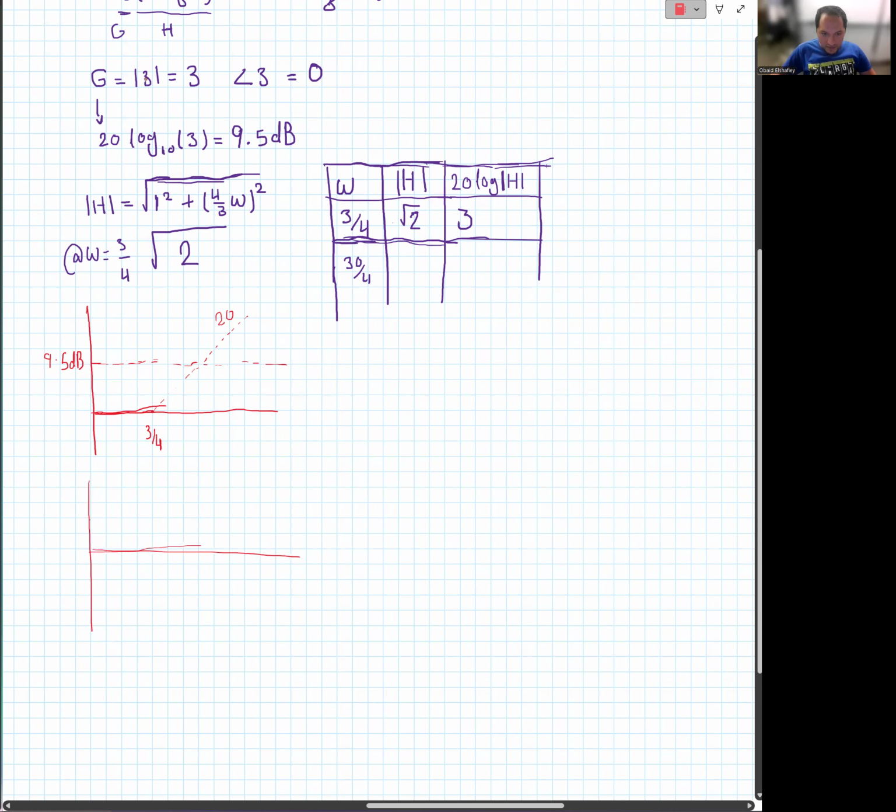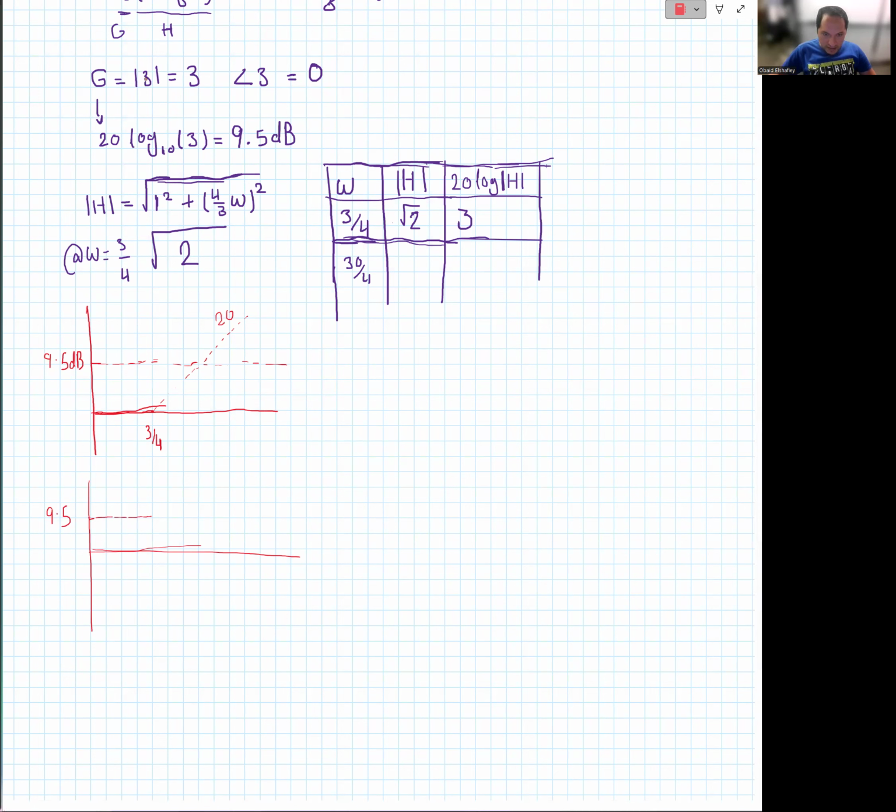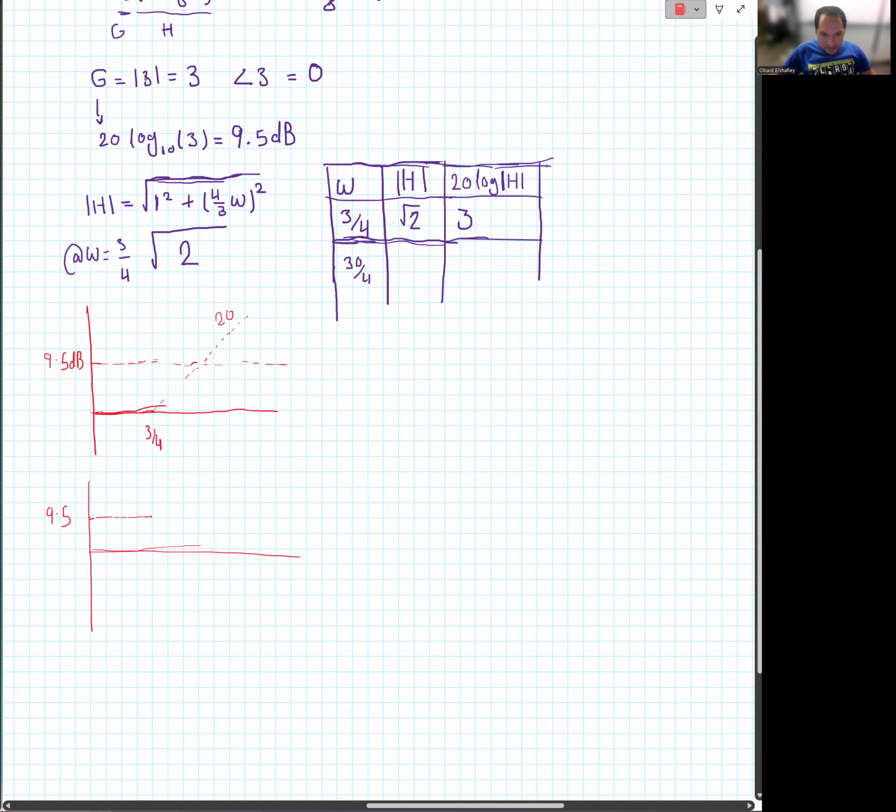So at 9.5, your signal starts at 9.5, then it comes to 3 over 4. Adding those two values, adding 9.5 dB plus the signal with a 20 slope, you'll have something like this.